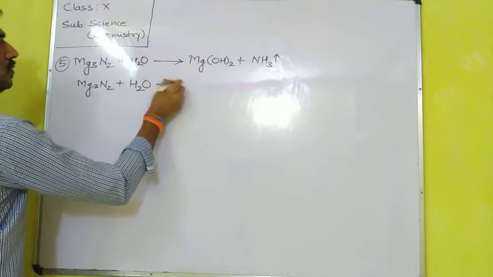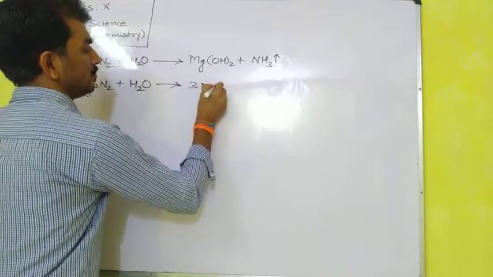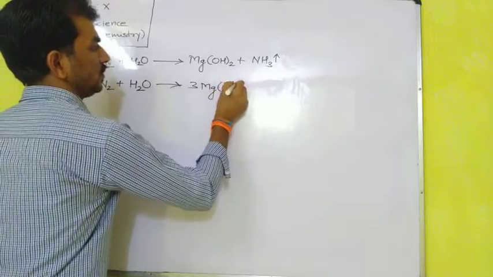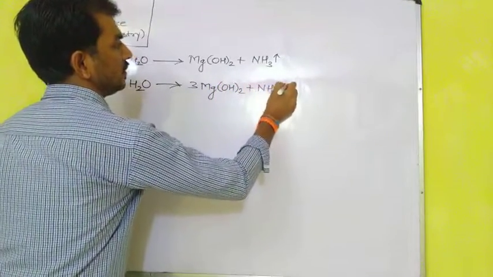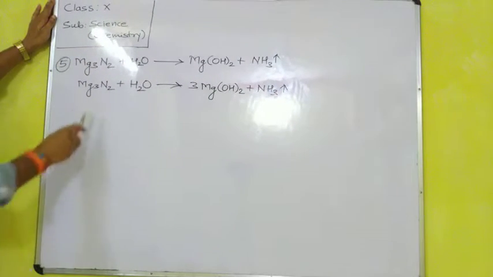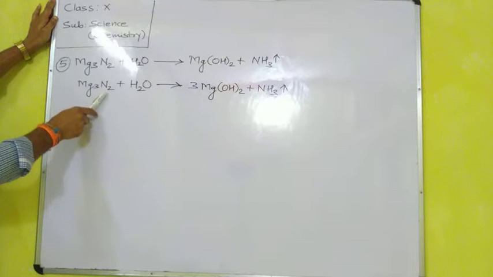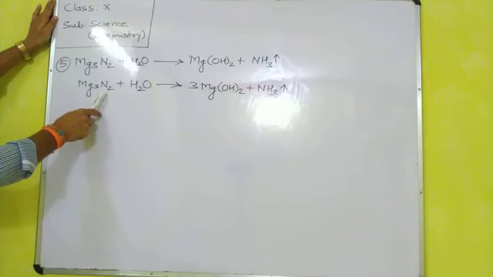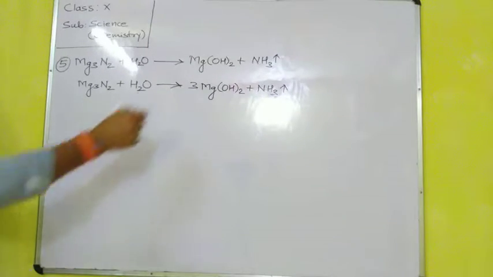After that, H2O. So here we have to multiply it by 3. So 3Mg(OH) whole twice plus NH3. In the second step, we have to start the balancing of non-metals, after the balancing of metals. So next is nitrogen. Two atoms of nitrogen are present in the reactant side, and 1 atom of nitrogen is present in the product side.